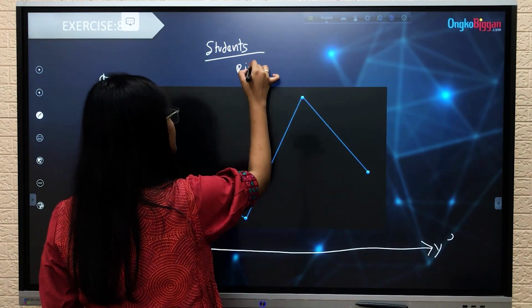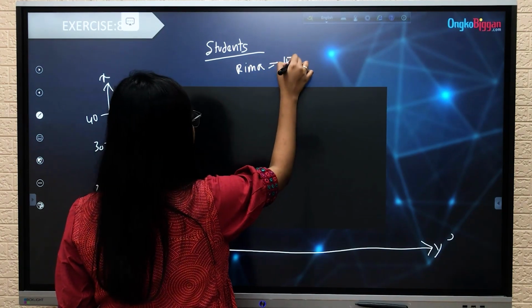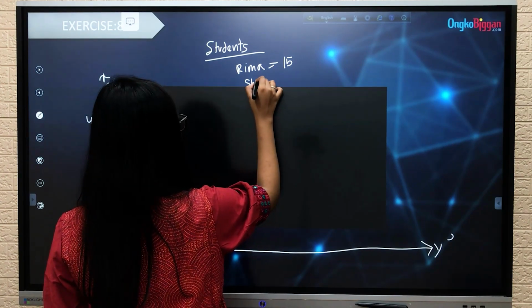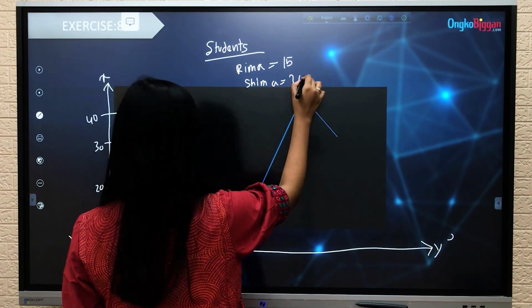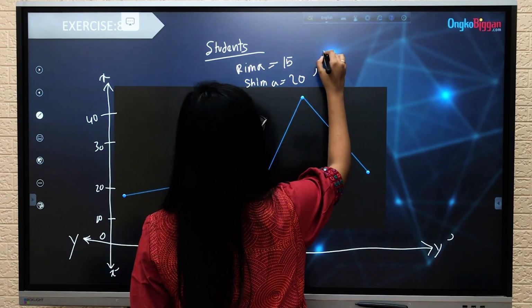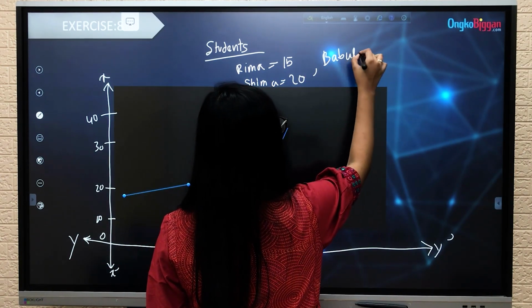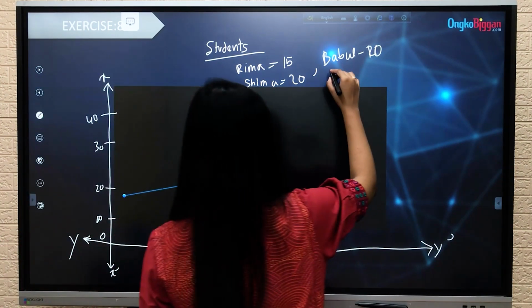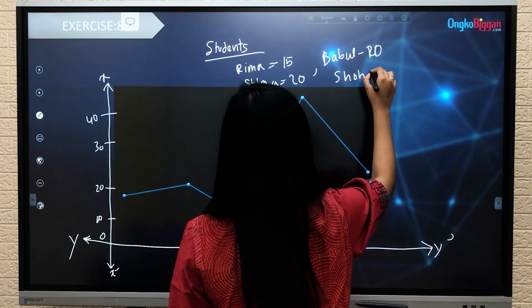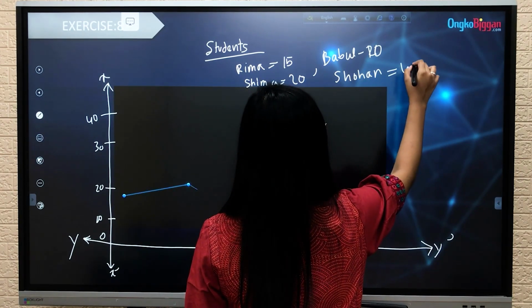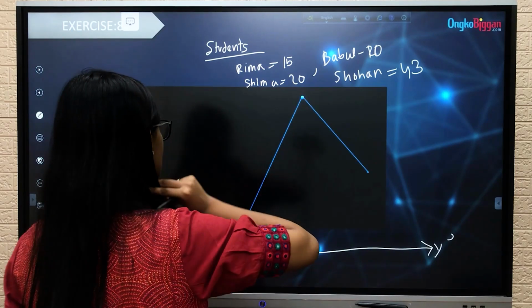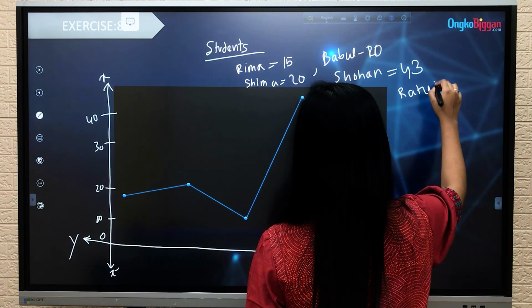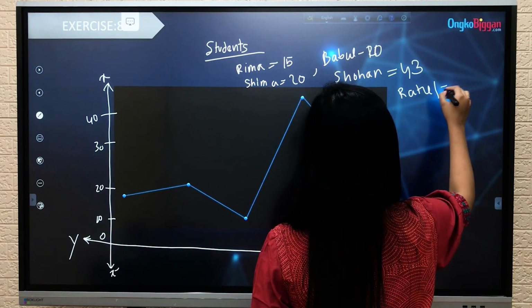Like Rima got 15, then Shima got 20, then Babul got 10, then Shohan got 43, then finally Ratul got 21.